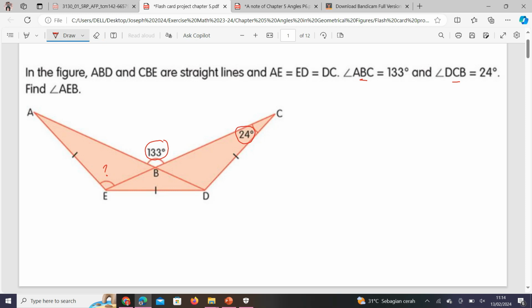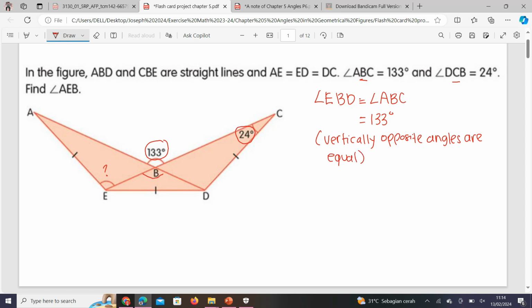So, from this, we know that the angle of EBD equals the angle of ABC, which is 133 degrees. This is called vertically opposite angles are equal.